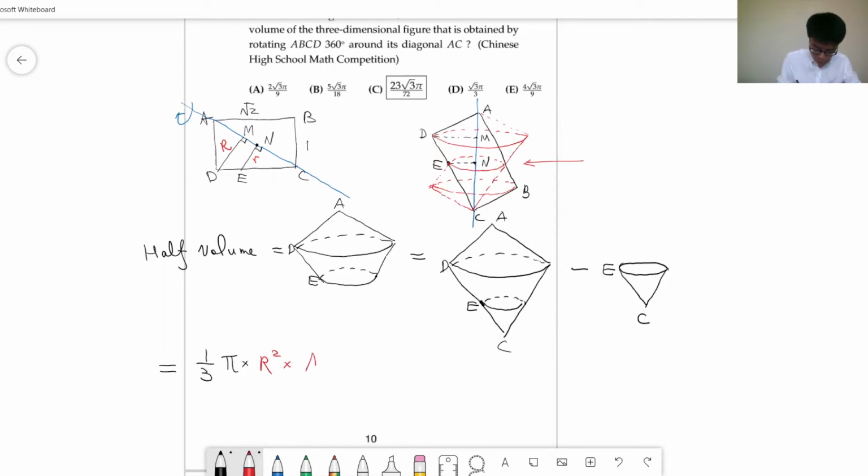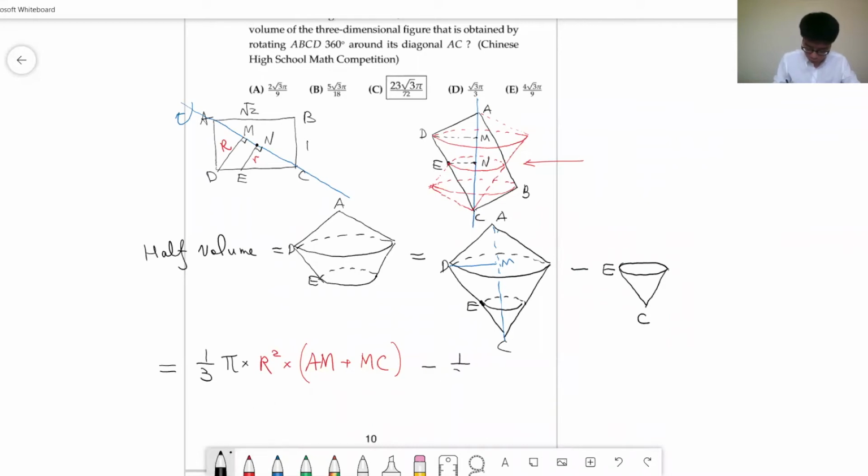That's the upper cone. And also we have the lower cone, MC. So we have this M here, this upper cone and this lower cone. So this is the volume of the big solid. And then minus the volume of the small cone.